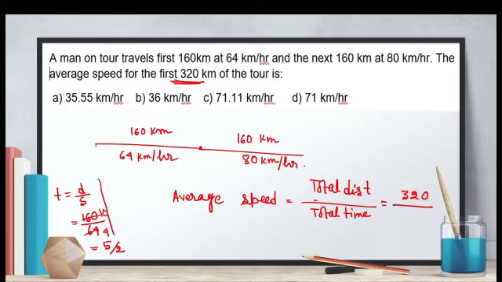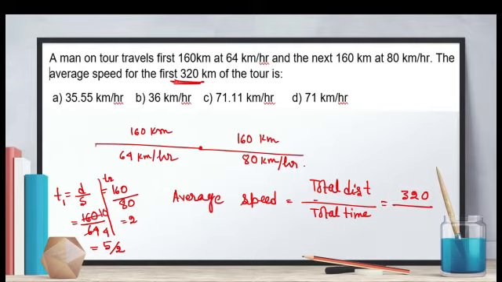And in the next case, the next 160 kilometer, it will be time t2. t2 is equal to the next 160 kilometer upon 80 kilometer per hour. So it will be just 2.